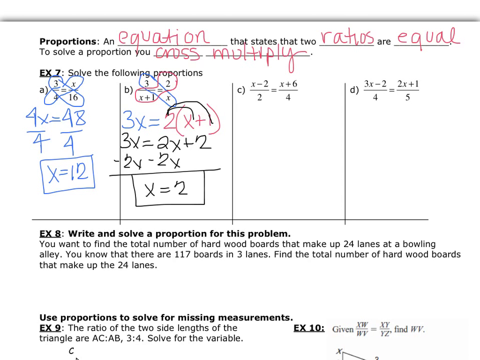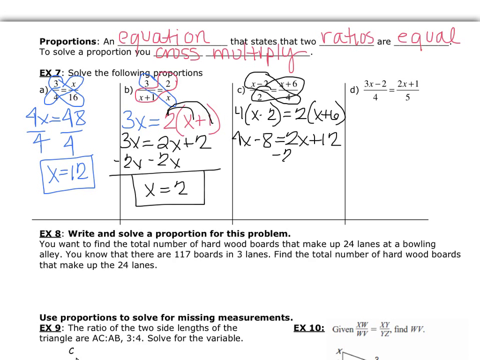When you're done, again, cross multiply. There are 2 terms, so I have to make sure that I enclose both terms in the parentheses. Cross multiply. Distribute 2 times, 2 terms to distribute. Solve for x.